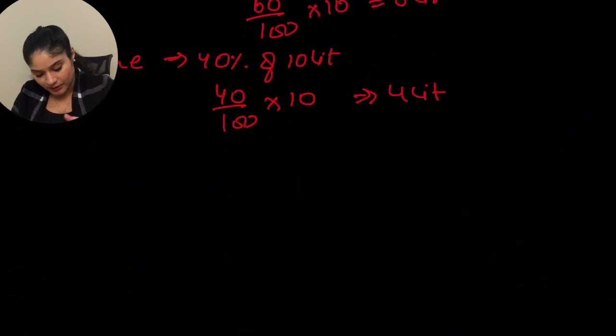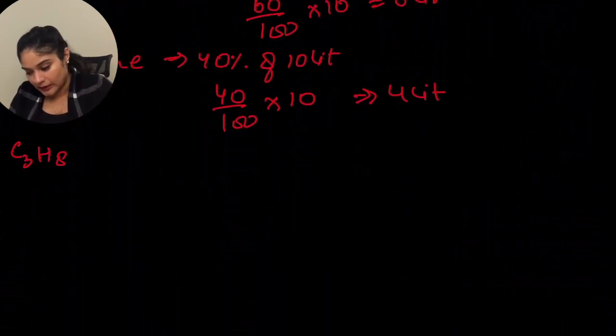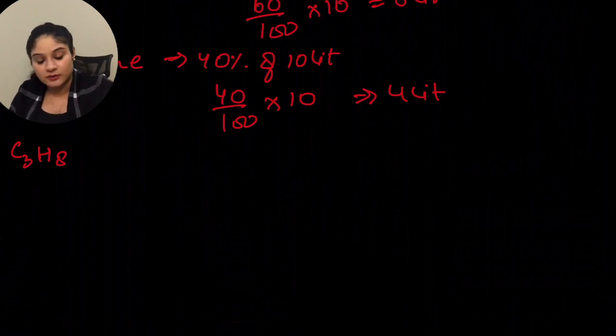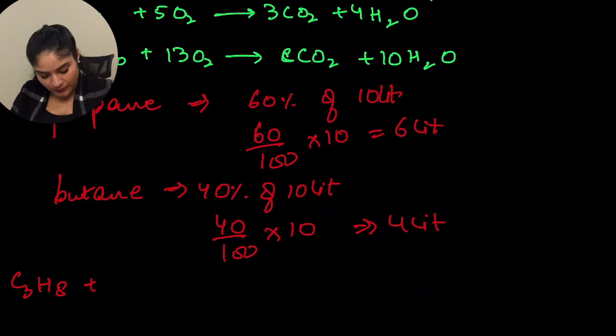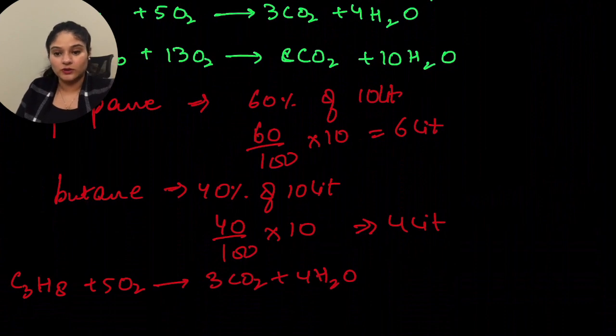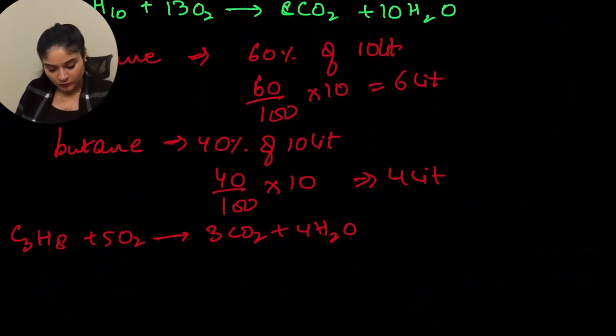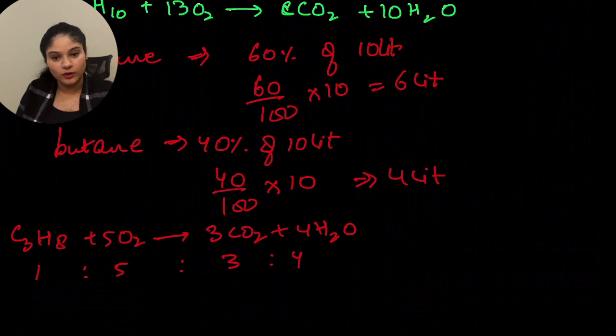C3H8 plus 5 oxygen is giving you 3 CO2 plus 4 H2O. So this is your equation and you're looking for carbon dioxide quantity. So this is propane, which you now know is 6 liters. So this is 1:5 is to 3:4.